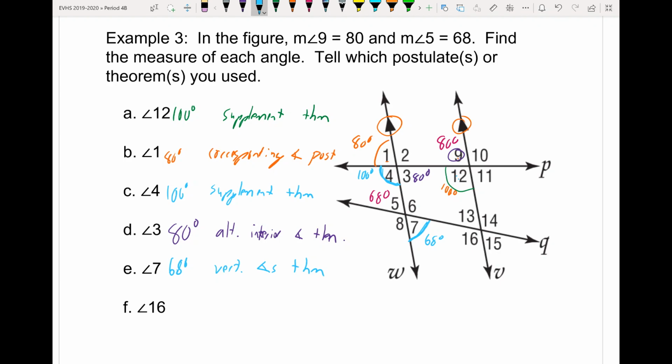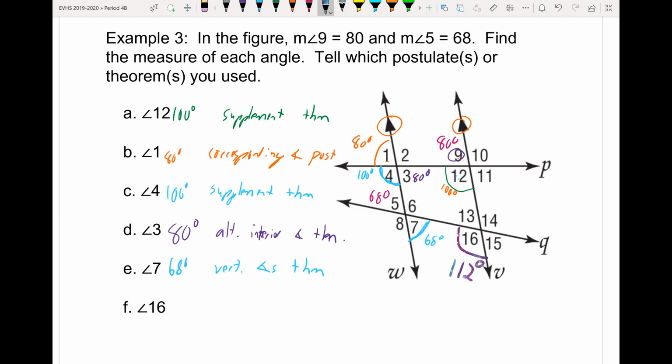And now our last one, angle 16 here. Wouldn't it be 112? Where did 112 come from? You're saying that 7 and 16 are supplementary, right?